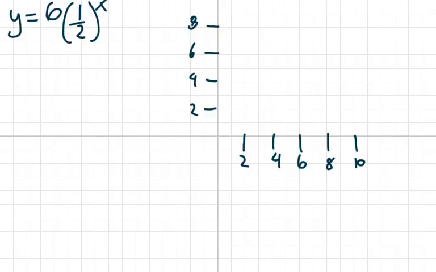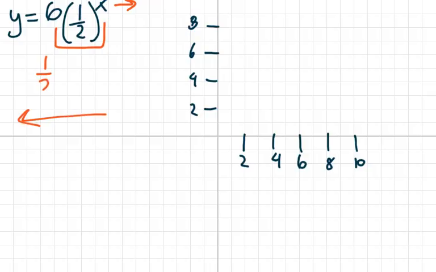Let's try another one. Here we have a decay factor of 1/2. So our amount is getting smaller and smaller as x gets larger and larger, as it grows more and more positive. What would be happening to this graph if x got really negative in that direction?